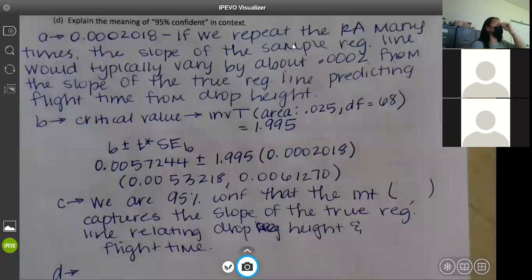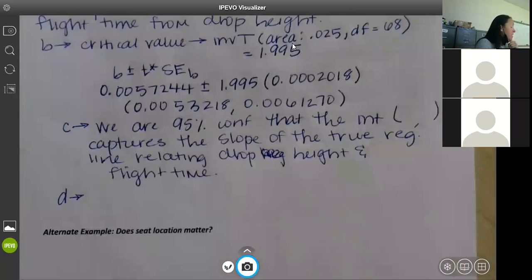And then D, it's just bringing back all these things again. So explain what the meaning of 95% confident means in context. This is a long one, it's like a paragraph, okay, so just forewarning you.